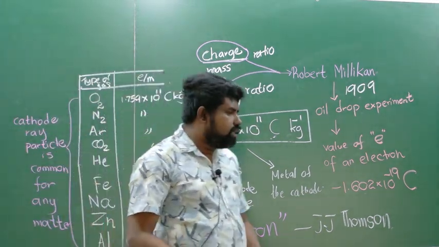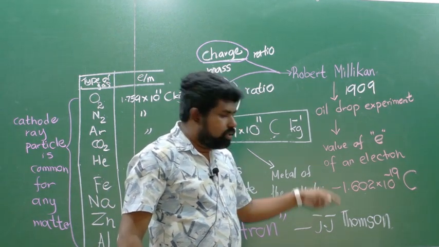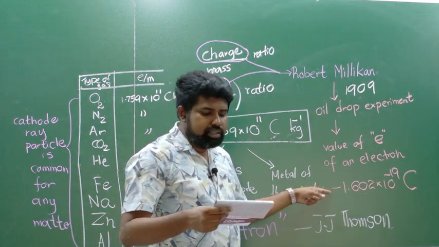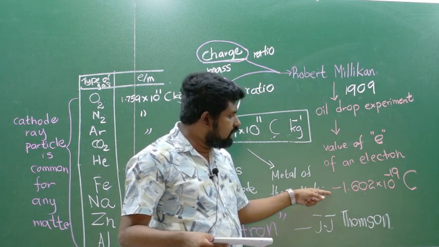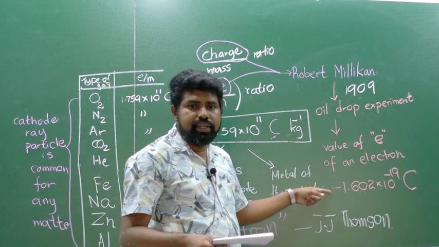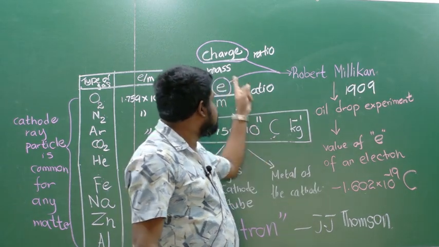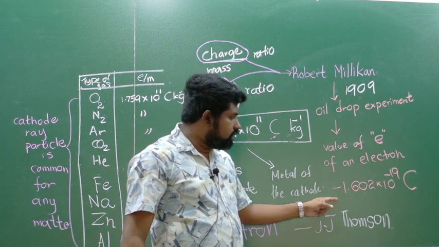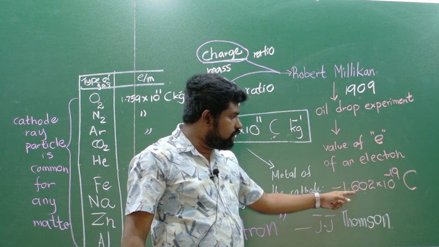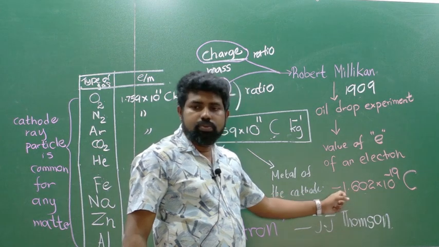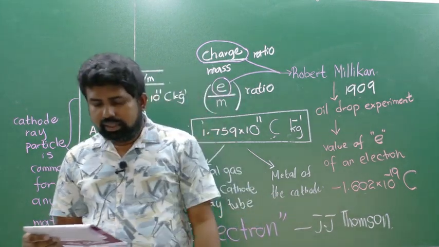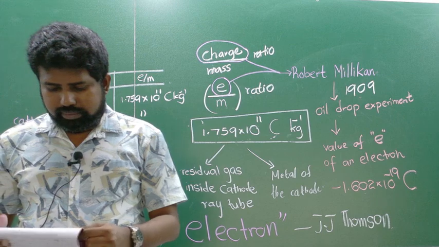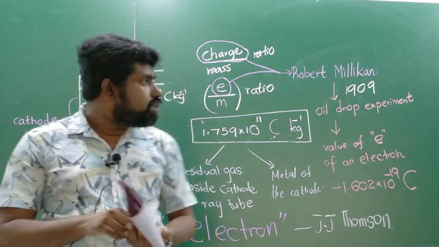Right. Then in the next row, right below: charge of an electron, that is the value of simple e, equals minus 1.602 times 10 to the power minus 19 coulomb, and highlight that. This is the charge of an electron. Okay.